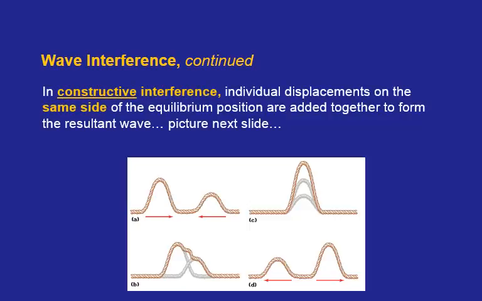Now, constructive interference happens where we have two waves coming at each other, and they're on the same side. So two crests or two troughs, and let's say that this was a meter high, and this is half a meter high. Well, you just add up the two, and then you would get 1.5 meters for that.